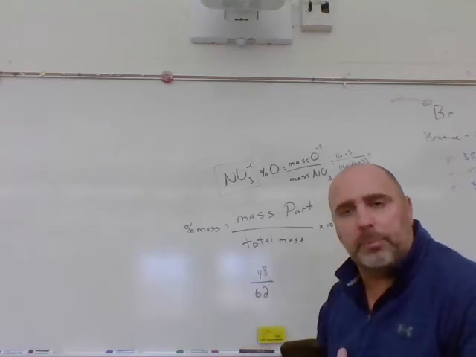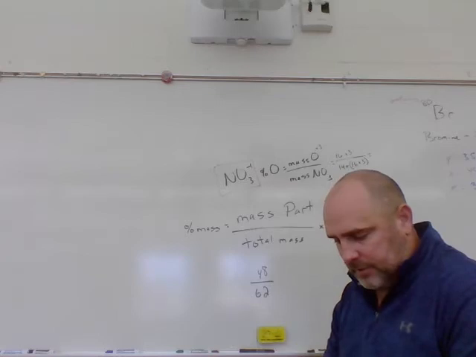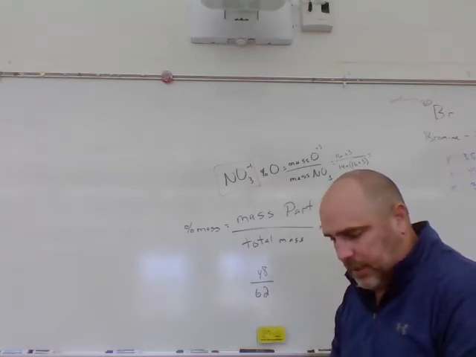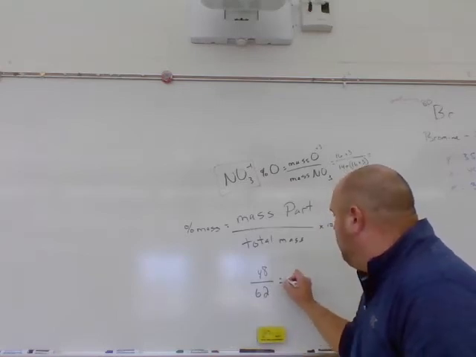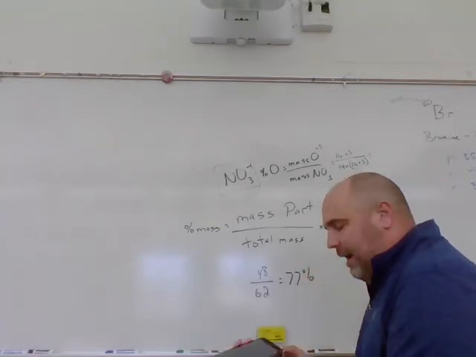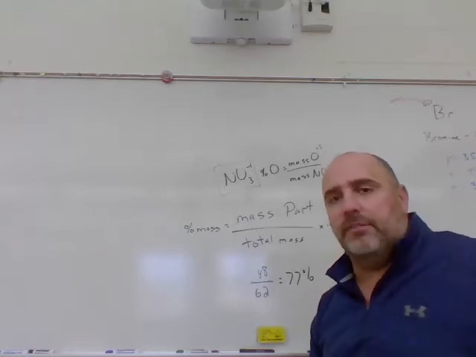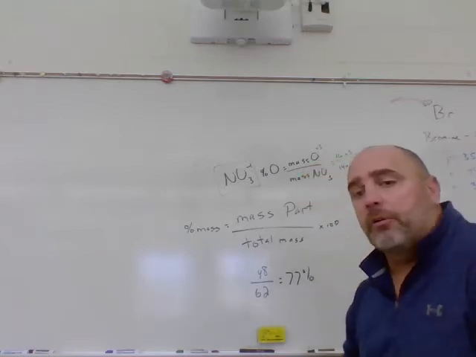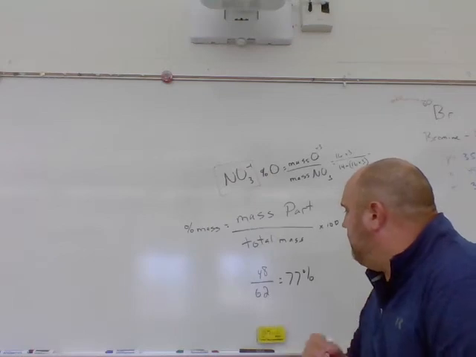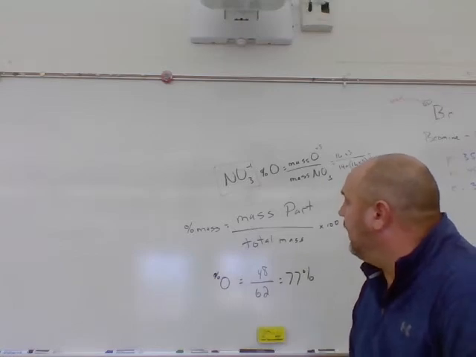That's 14 plus 16 plus 16 plus 16. 48 divided by 62 gives 0.77, which is 77%. In this case, don't pay too much attention to significant figures. So 77% is the percent oxygen in nitrate.